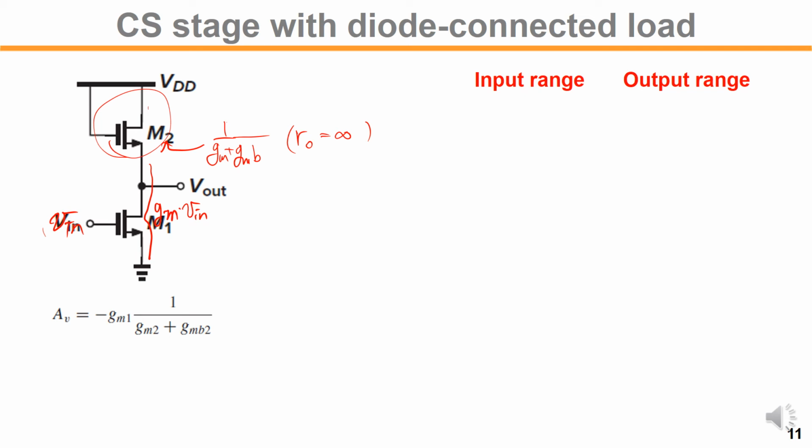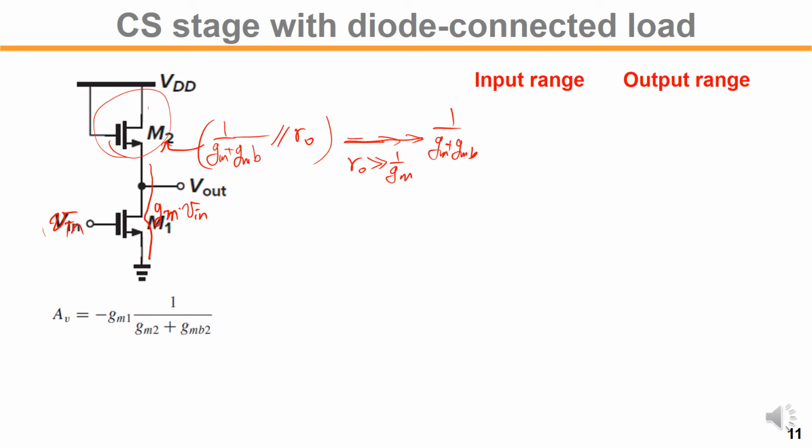Once you have gm and ro in parallel, in most cases ro is a lot bigger than 1 over gm. Even without this approximation, ro in parallel like this is typically a lot greater. Why is such an approximation possible?